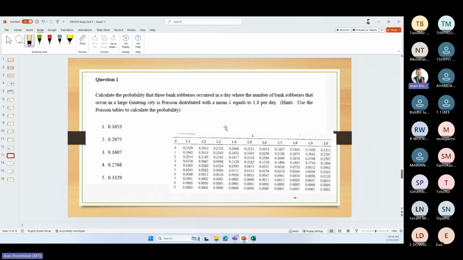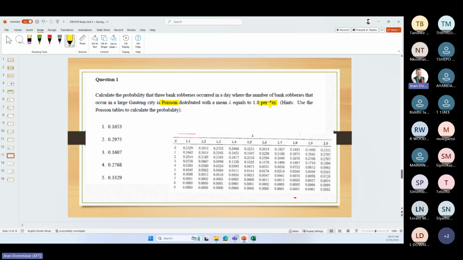So here we're moving over to Poisson distributions. Most likely they will tell you it's Poisson, but if I don't tell you, the important thing with a Poisson distribution is that you get a time: per day, per minute, per week, per month.